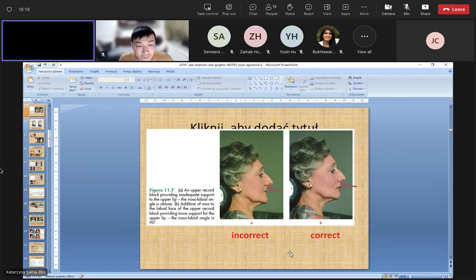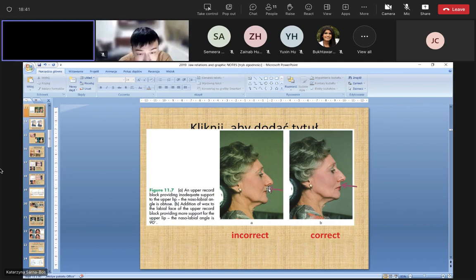Again, here you see the picture of the woman and an upper record block providing inadequate support to the upper lip, because the nasolabial angle is obtuse here.